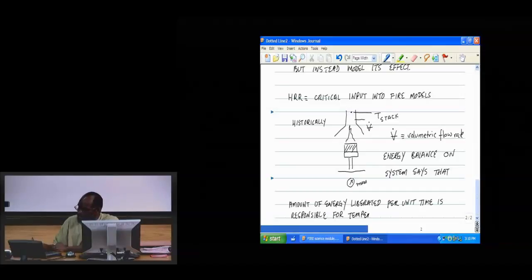But that's not the only place the energy goes, is it? Because I get radiation, so I lose thermal radiation like that. There's conduction maybe into this, so I've got parasitic thermal losses.